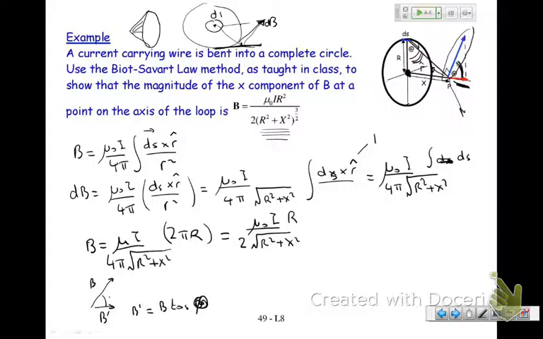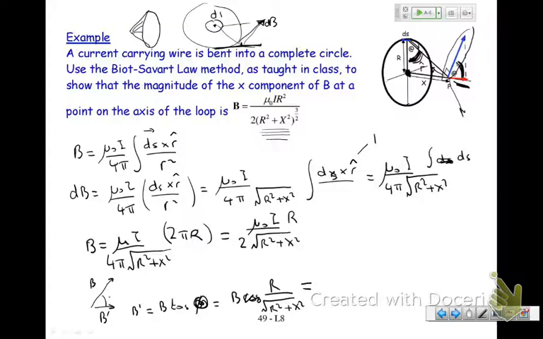Well, what is the cosine of that angle? The cosine of this angle here is the cosine of that angle there, which is the adjacent, which is r, over the hypotenuse, which is the square root of r squared plus x squared.